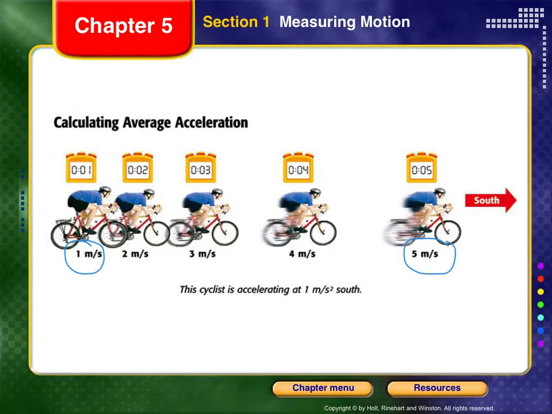So remember, you take your initial velocity, subtract it from your final velocity, and divide by the time it took, which is 5, resulting in 1 meter per second squared. That's how you calculate acceleration.